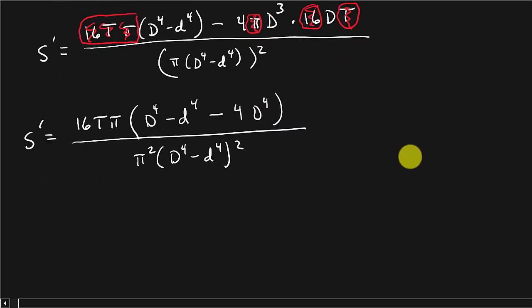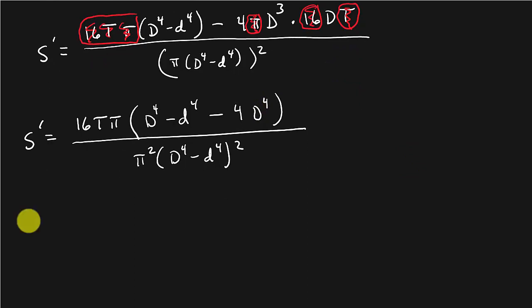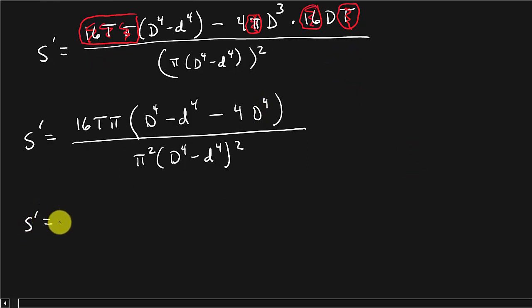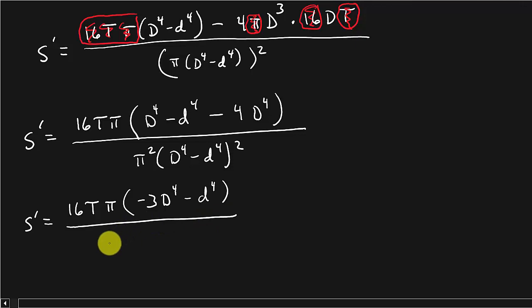And so I'm left with s prime. Oh, and here I squared the pi and then squared this. So I'm left with 16t pi times, and that's going to be negative 3D to the fourth minus little d to the fourth over pi squared times D to the fourth minus little d to the fourth, squared.